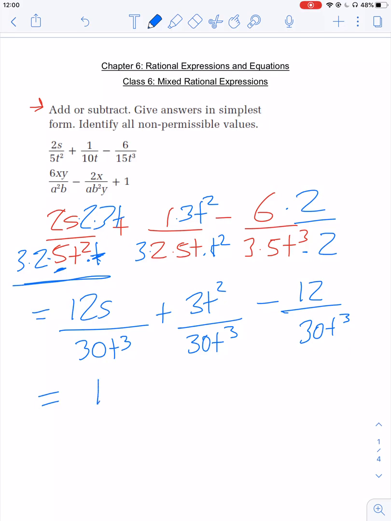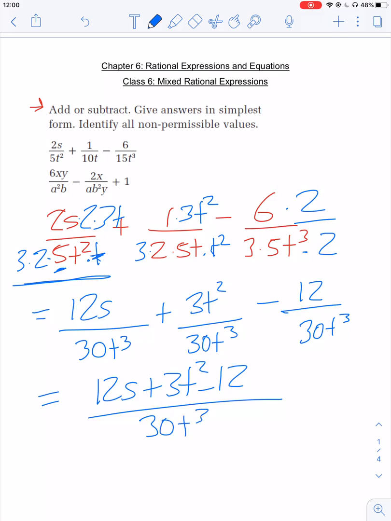So anyway, let's combine it. So 12s plus 3t squared, because there are no like terms, right? And then 12, and then at the bottom you have 30t cubed.